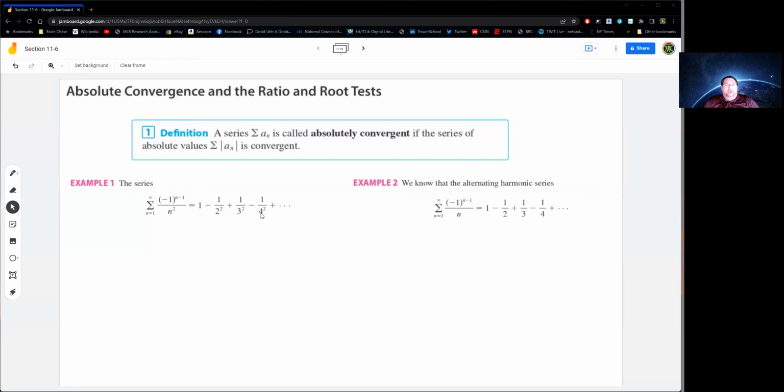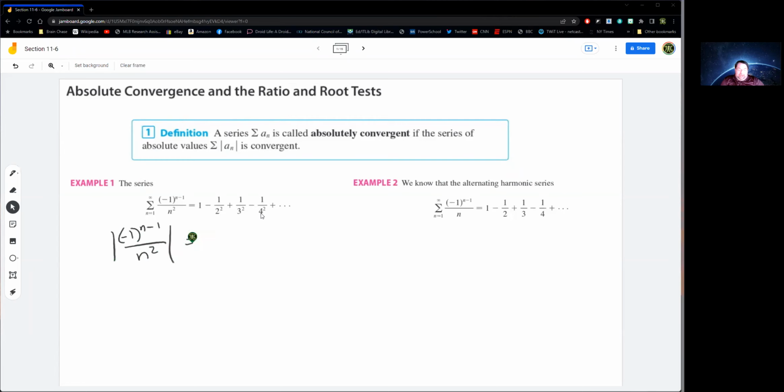All we're going to do to determine if the series is absolutely convergent is take the absolute value of it and eliminate any of the negative signs. So if I take the absolute value of (-1)^(n-1) over n squared, I basically just get 1 over n squared.